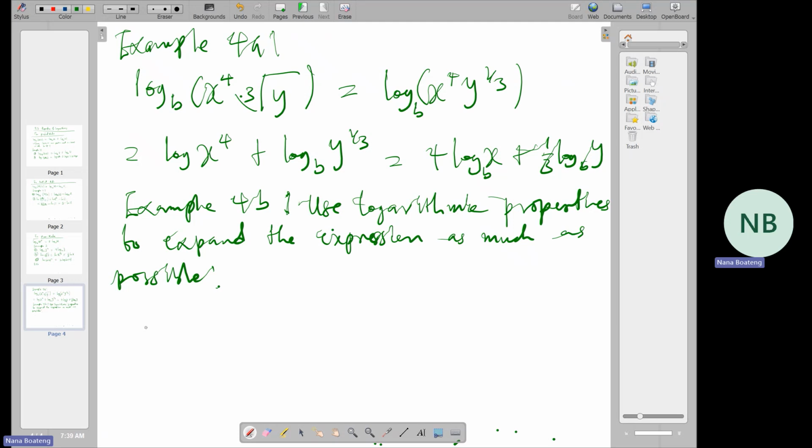And so this is log to the base 5 of the square root of x divided by 25y cubed.